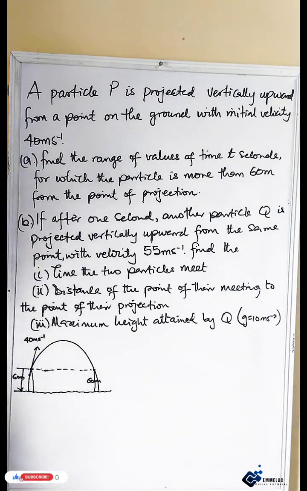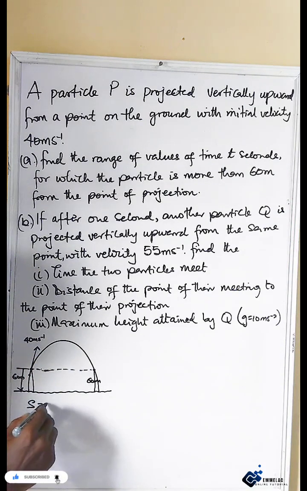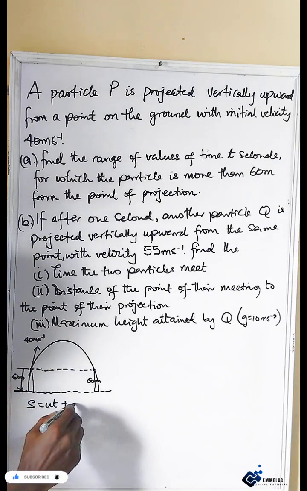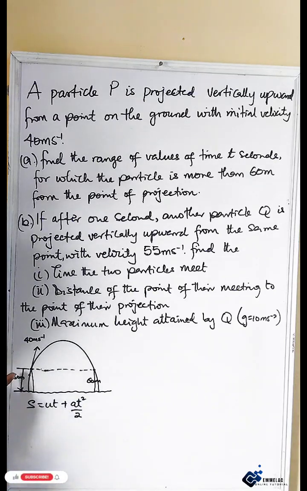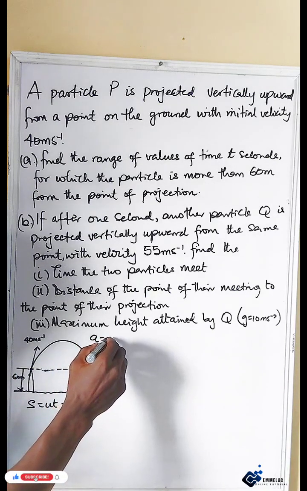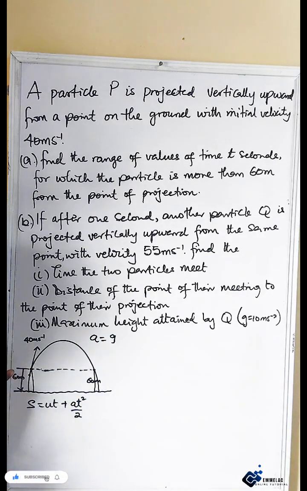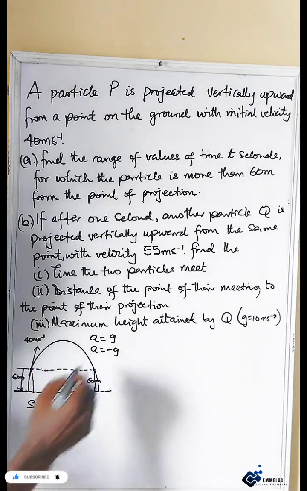Let's use this motion equation. We say that S equals ut plus at squared all over 2. Since this is motion under gravity, our a equals g, and since this is moving vertically upward, a becomes negative g.